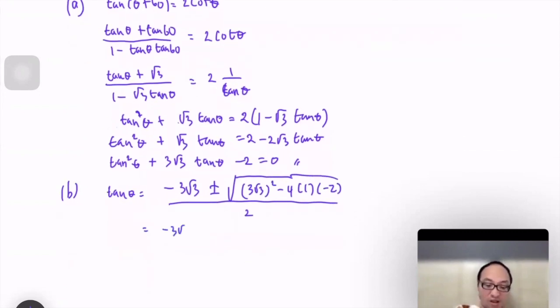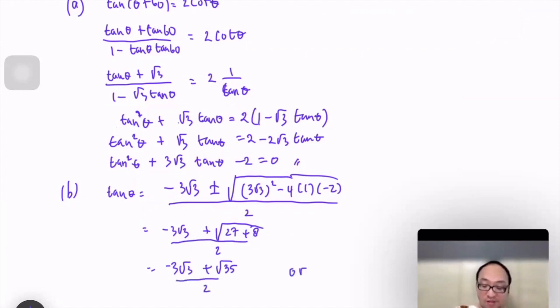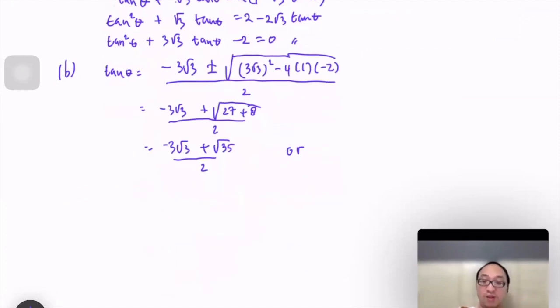So it's negative 3√3 plus √(27 + 8), the square root of 35, over 2, or tan θ equals negative 3√3 minus √35 over 2.